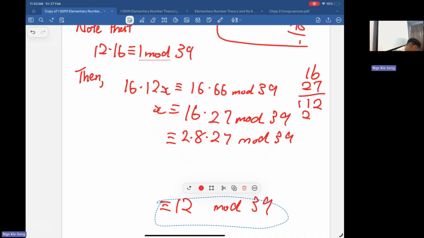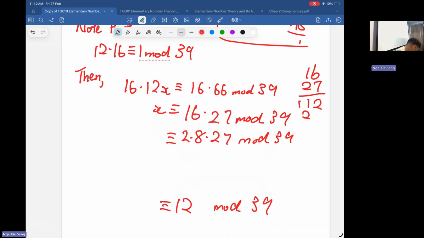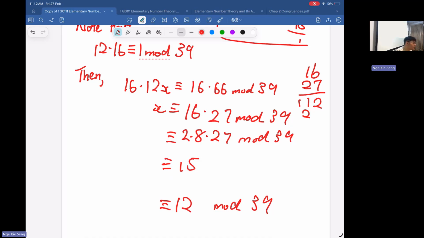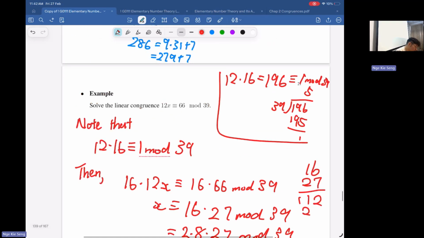So 54 is easier, right? Sorry? 12 times 16 is equal to, wrong, 192. Wait, let me see.